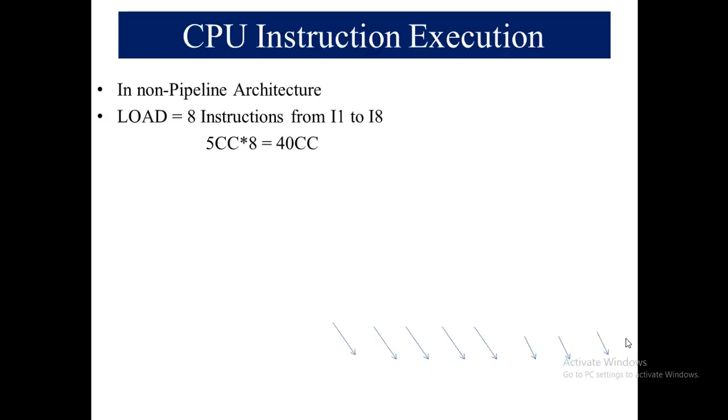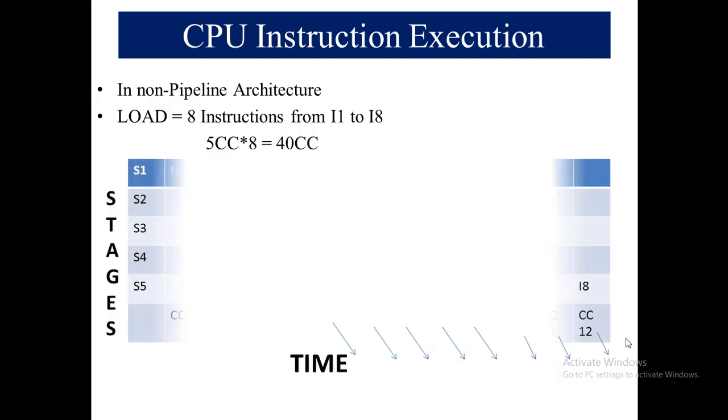CPU instruction execution. In non-pipelining architecture, if load is equal to 8 instructions from instruction 1 to instruction 8, then it will take 40 clock cycles to execute 8 instructions, right?